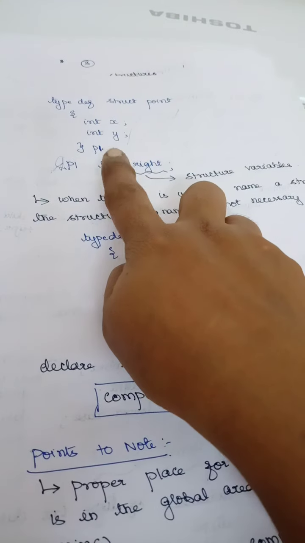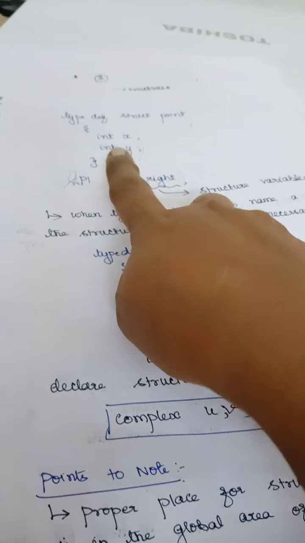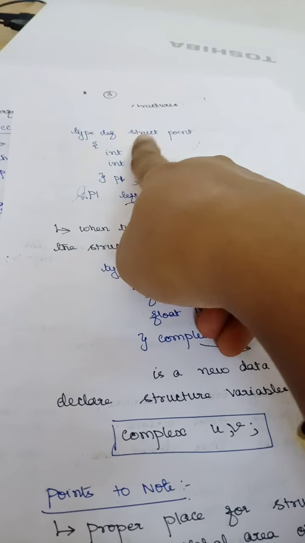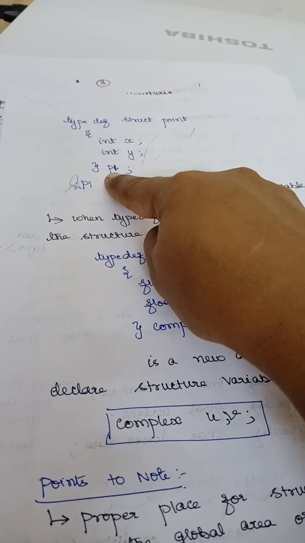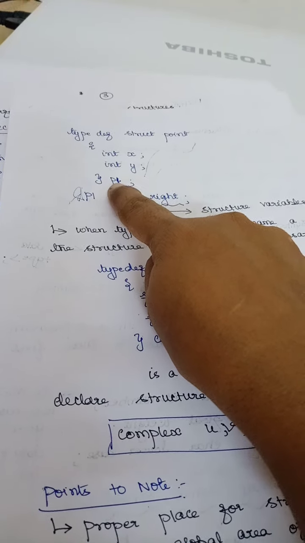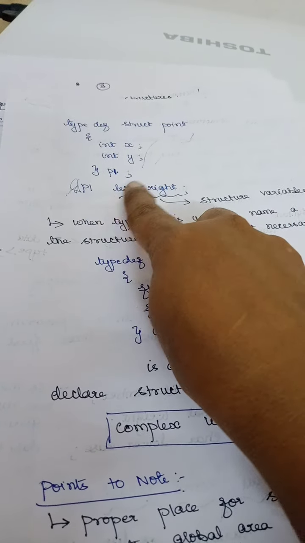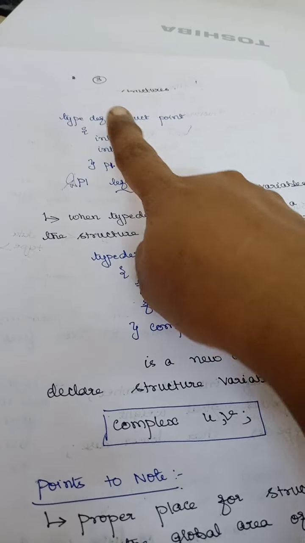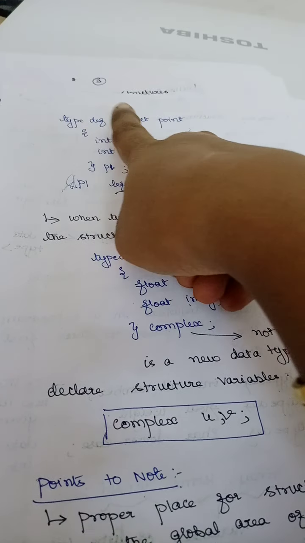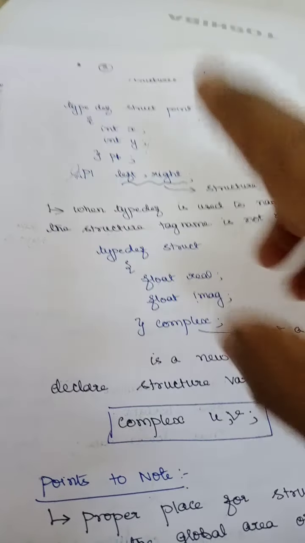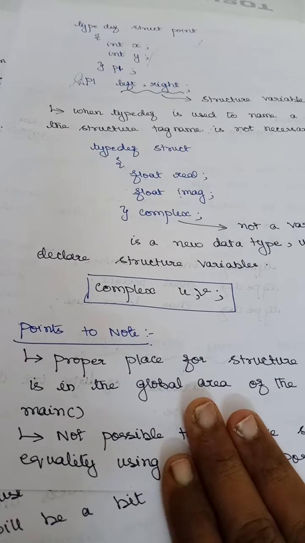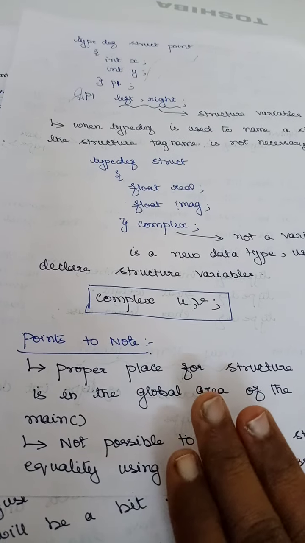Similarly, typedef struct, and here no need of a name because this itself will act as a name. This is the name I am using to declare my structure variables because I have used typedef, so I need not use the struct keyword here. Is that clear?